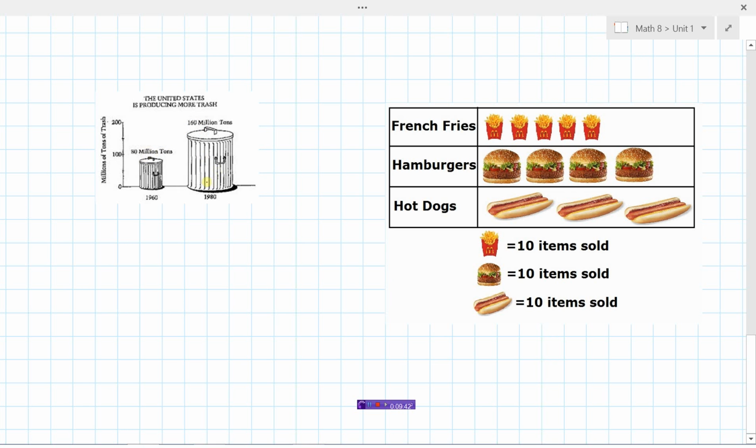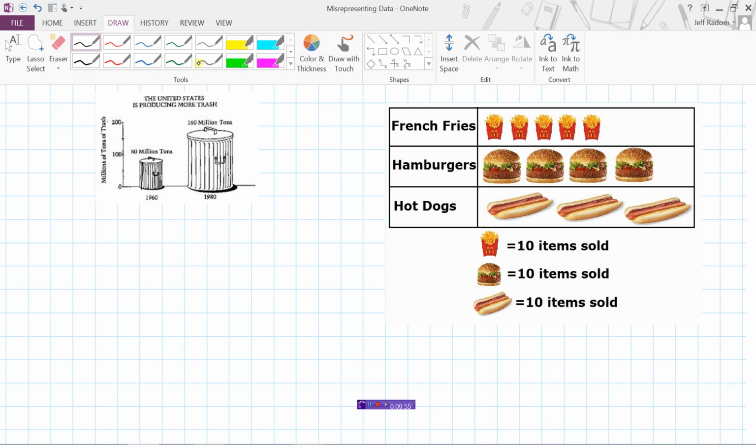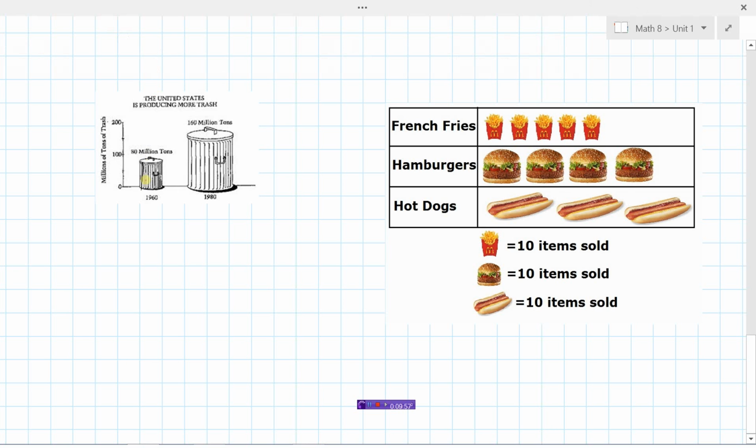The problem is that this garbage can here is actually not twice as big as this one. It's 4 times bigger, because instead of going, let's get a different color pen there, let's go with red. Instead of keeping things the same, so imagine we had a bar graph here, instead of keeping this garbage can the same width as this one and just making the height twice as big, they've actually extended the width twice as much as well.